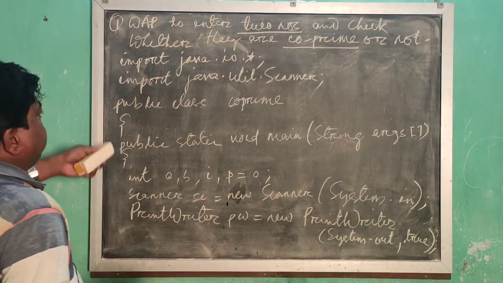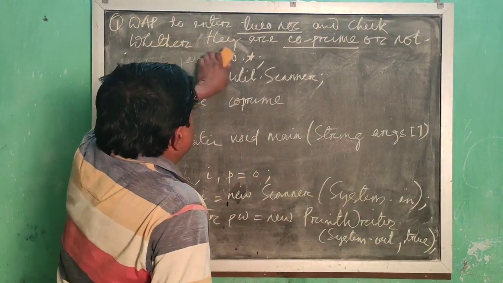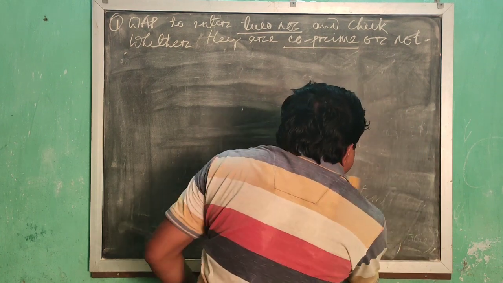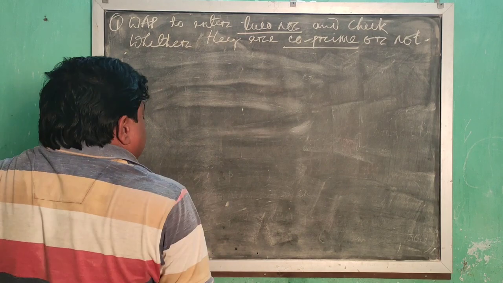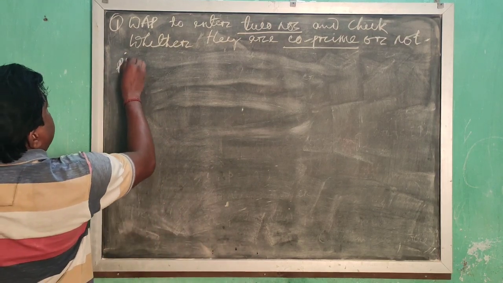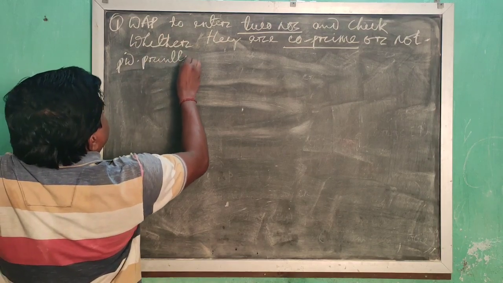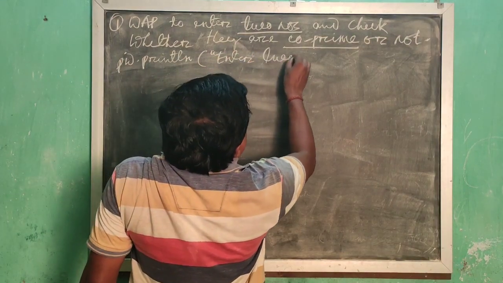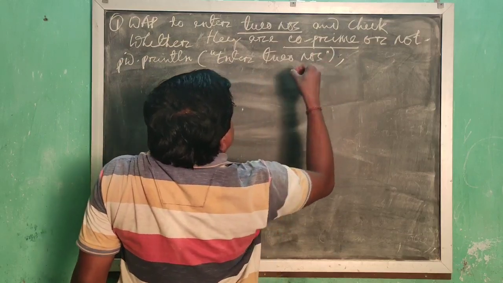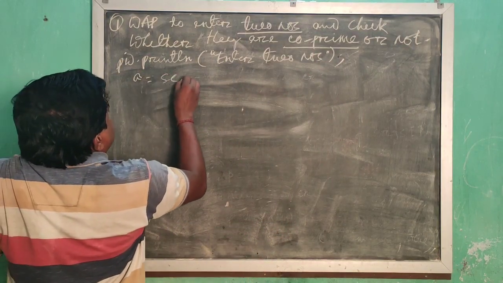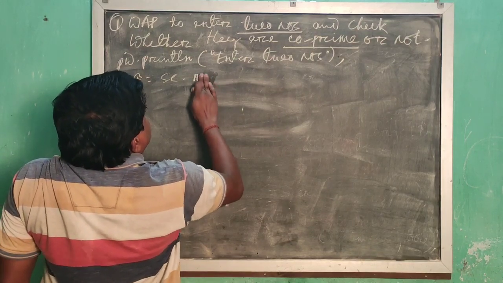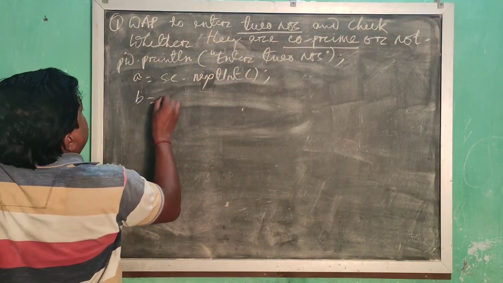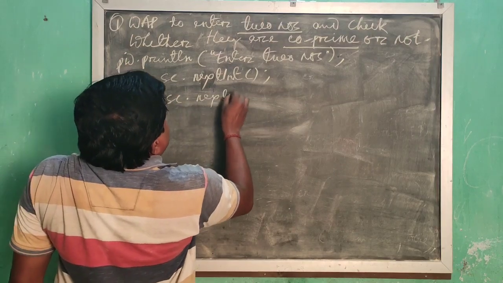Okay, next you write pw dot println "enter two numbers", a equal to sc dot nextInt, b equal to sc dot nextInt.